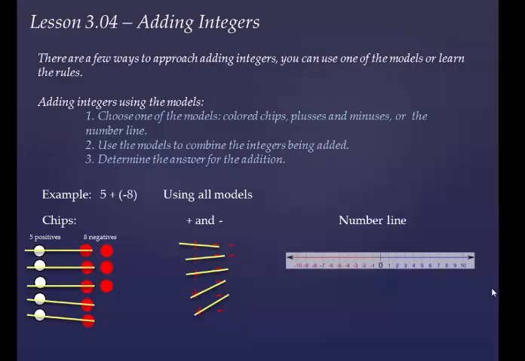Using the number line, I go 5 spaces to the right for my positive 5, and then 8 spaces to the left for my negative 8, and I land on negative 3. Each method resulted in the same answer, negative 3, because I had 3 negative colored chips left, or 3 minuses left, or I land on negative 3.